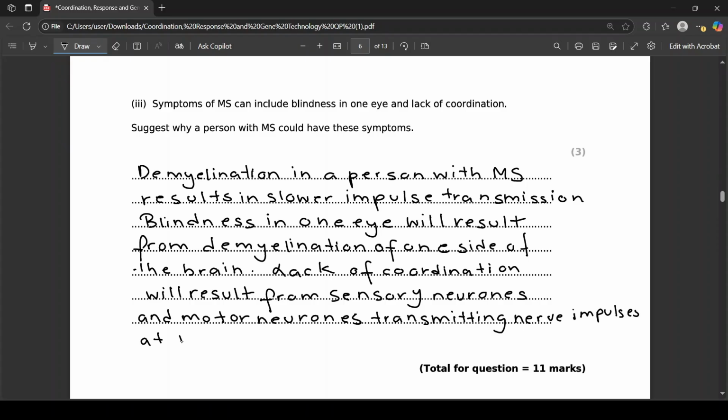Sorry, I'm really sorry if you can't understand my handwriting. Please pardon me.